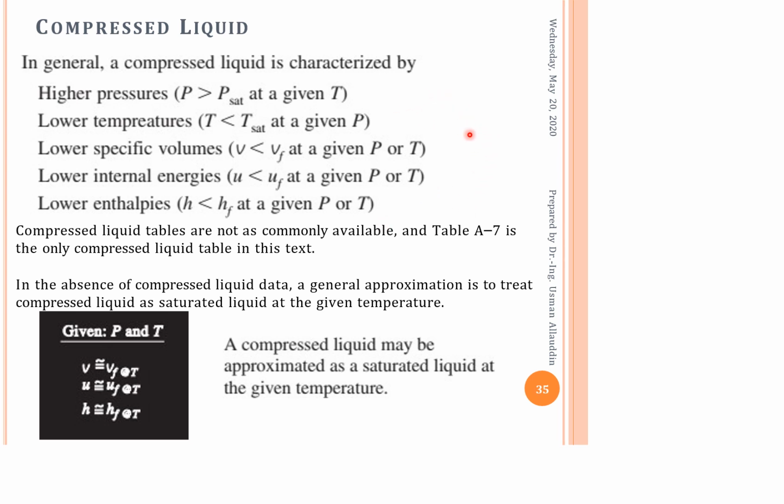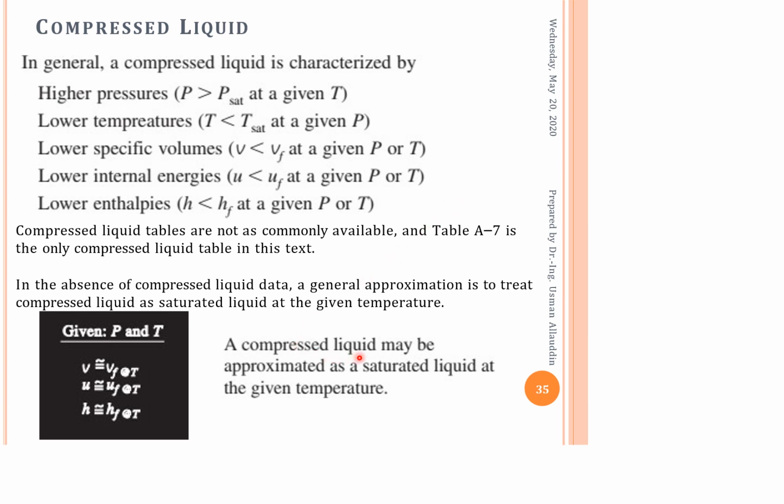If any of the conditions is satisfied, then you can say you are in a compressed liquid region. The conditions are higher pressure, lower temperature, lower specific volume, lower internal energy, and lower enthalpy. If any one of them is satisfied, then you are in the compressed liquid region.